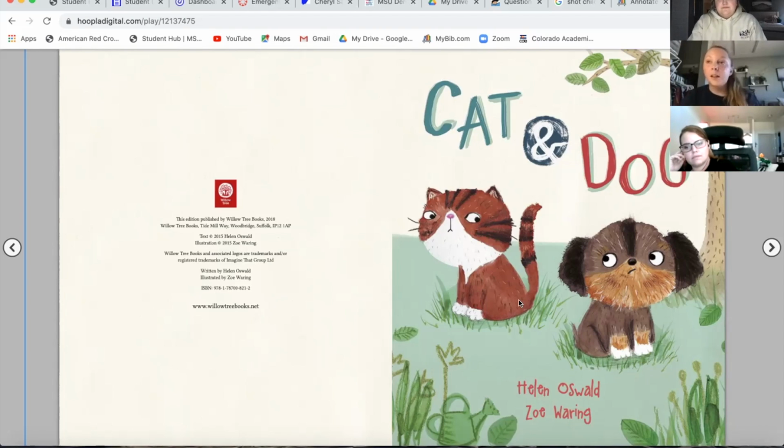So let's say I am going to read the Peter Pan book, and I'm going to ask the question, do you think Peter Pan and Captain Hook are friends? So you'd have to flip through the book and find evidence to see if Peter Pan and Captain Hook are friends or not. If you look, Captain Hook is trying to find and capture Peter Pan, so I don't think he's a good friend to him. So you would have to find multiple parts of that.